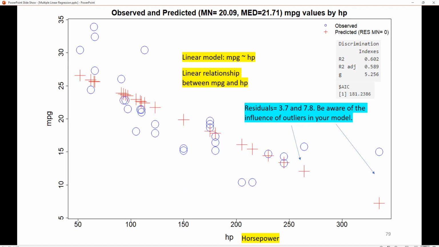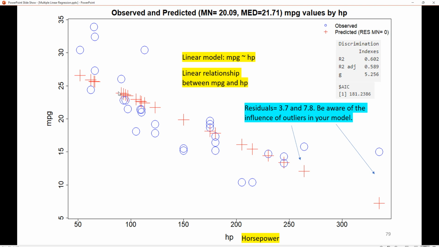So now we have values from our model. This is from a linear model. We're just looking at miles per gallon predicted by horsepower. It's a linear relationship between miles per gallon and horsepower. So we see up top on the very top right, the actual values are those blue hollow circles, and the red pluses, those are our predicted values.